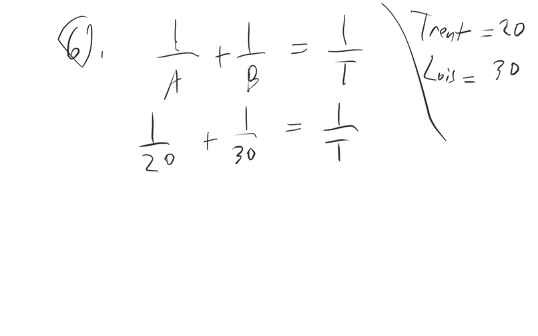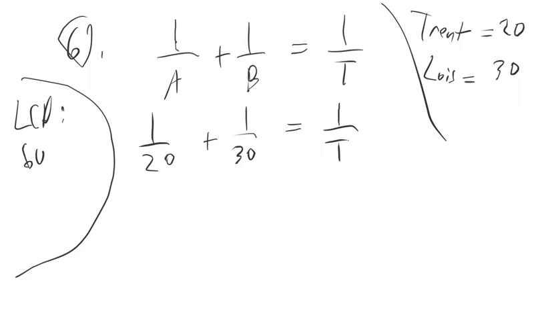Now what we'll do is we'll find the least common denominator, just like we always do when we're solving fractions inside of equations. So 30 and 20 both go into 60, and then t goes into t, so that LCD is 60t. So we're going to put each of these terms into parentheses.